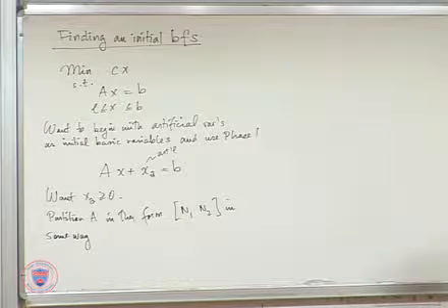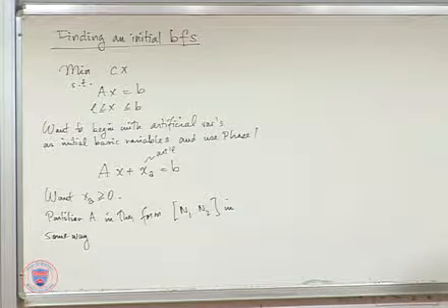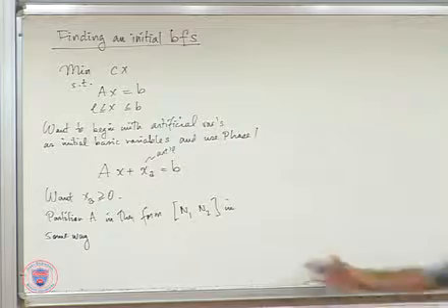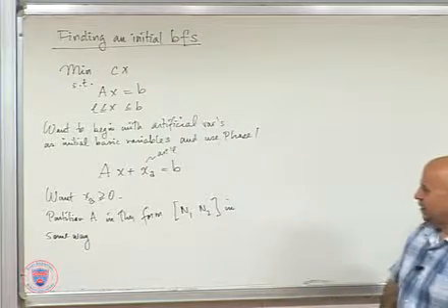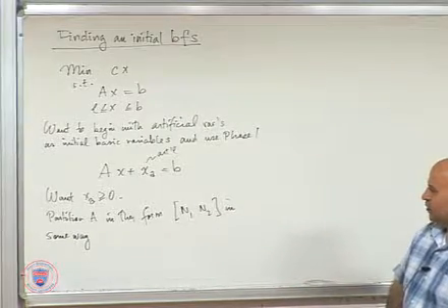Whichever ones you want to put at the lower bound, put them at the front. The other ones will be at the upper bounds.